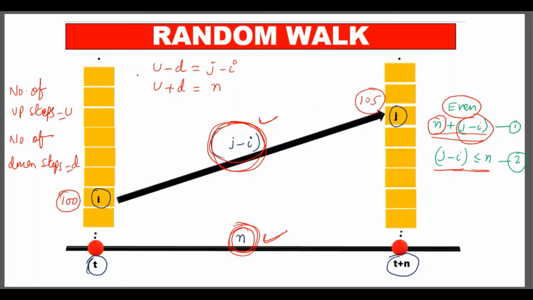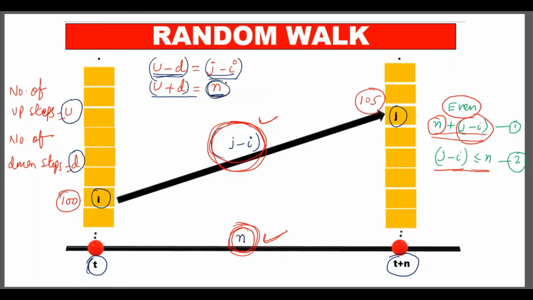In that example, here I have taken the number of up steps and the number of down steps. The number of up steps I have taken U, and the number of down steps I have taken D. So U minus D should be equal to my increment, that is J minus I. Remember, in the earlier example I have written 7 minus 1 is 6, something like that, and U plus D will be N. Suppose I have 6 up steps and 1 down step, that means 7 times I am playing, 7 moves.